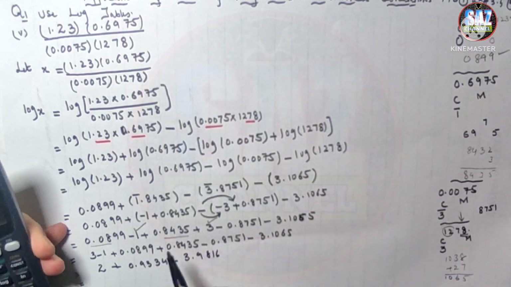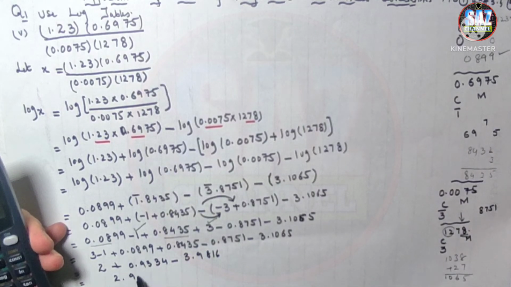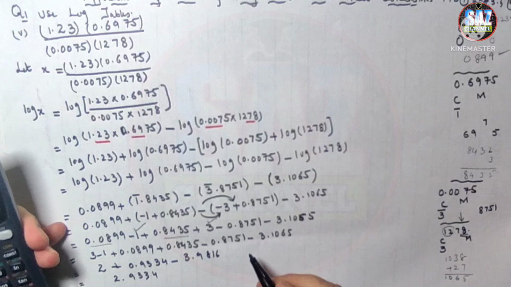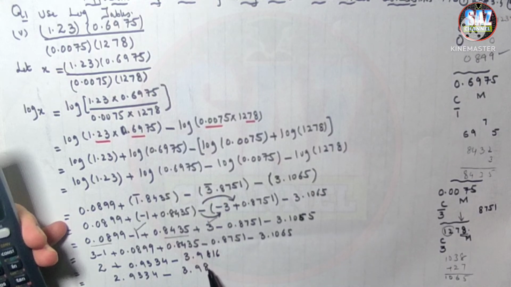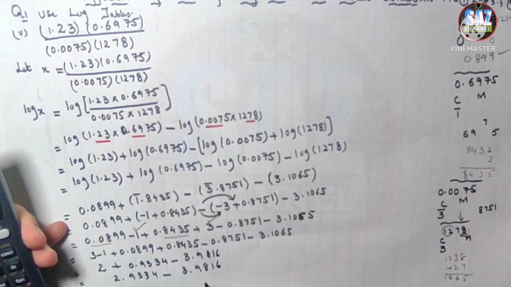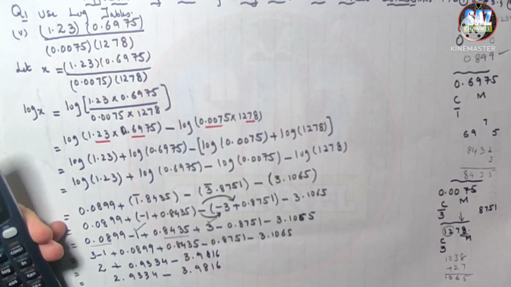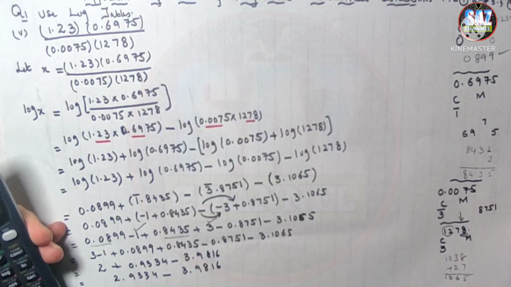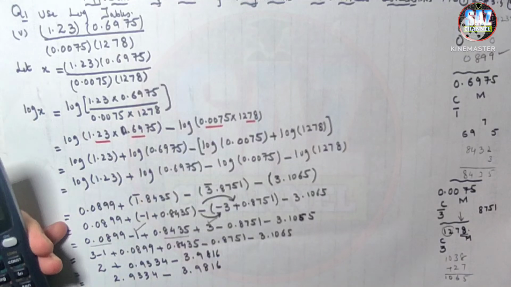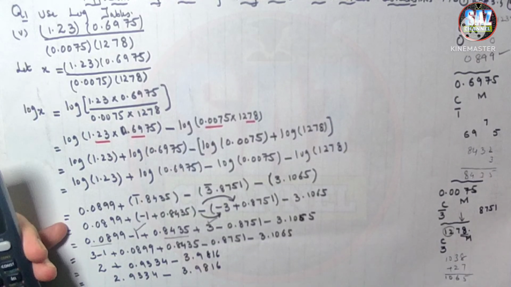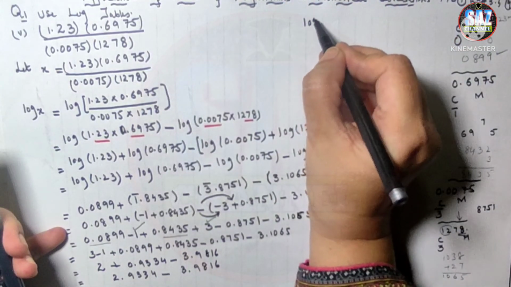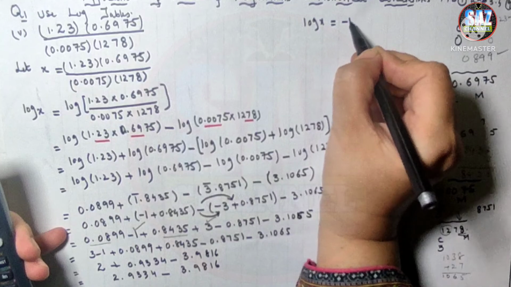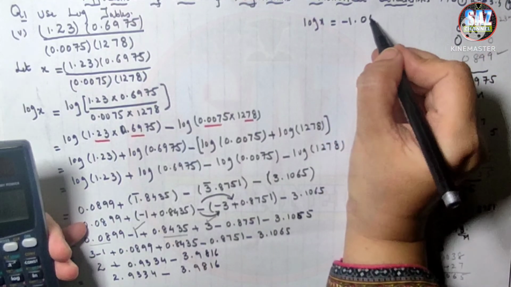This gives me 2.9334 minus 3.9816. 3.9816 minus 3.9816, and this gives me minus 1 point. Let me go over here. Log of x equals to minus 1.0482.